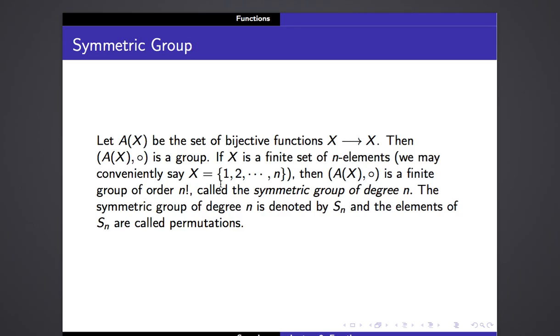This is called the symmetric group of degree n, denoted by S sub n, and the elements of S sub n are called permutations.